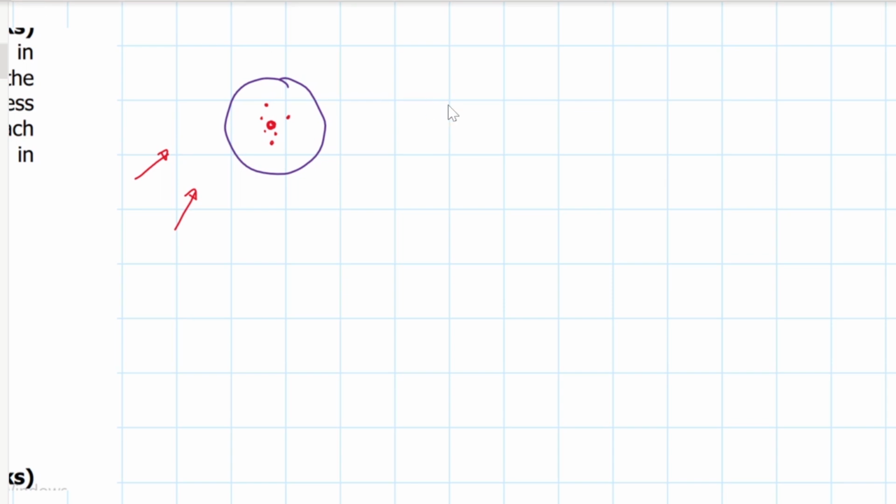Then you can do the same thing. You have a bull's eye. You're trying to hit the middle target. This one is the middle target, but as you're throwing your arrows, some drop here, another drops here, another drops here, others drop here.